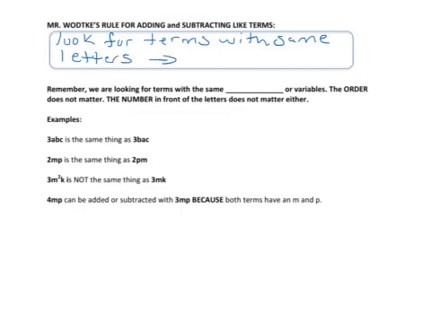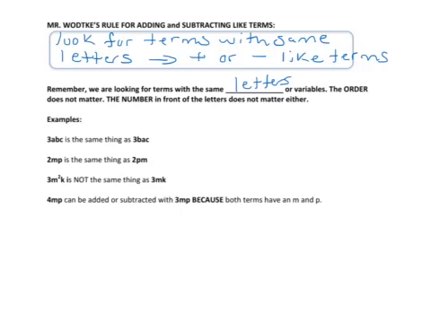And you are going to either add or subtract these like terms. Okay? So remember, we're looking for terms with the same letters or variables. And the important thing here is that the order does not matter. And the number in front of the letter does not matter either.